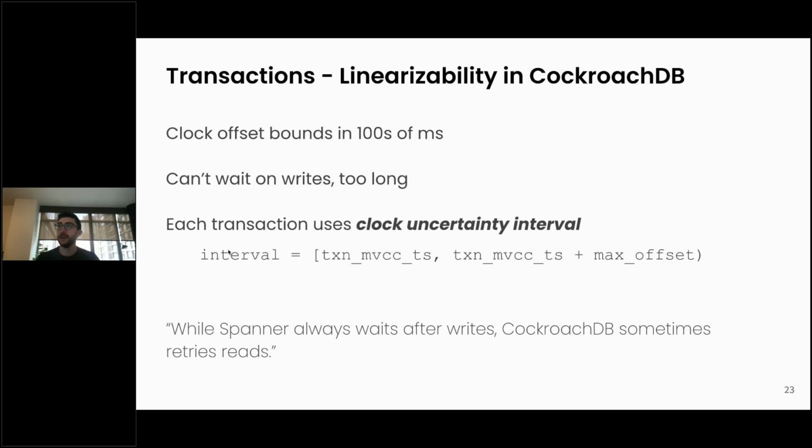The system never waits out the hundreds of millisecond clock offset bound, and so the impact that clock synchronization has on latency is a little less direct, but the maximum clock offset can impact transaction throughput in that it can cause more or fewer transaction retries.